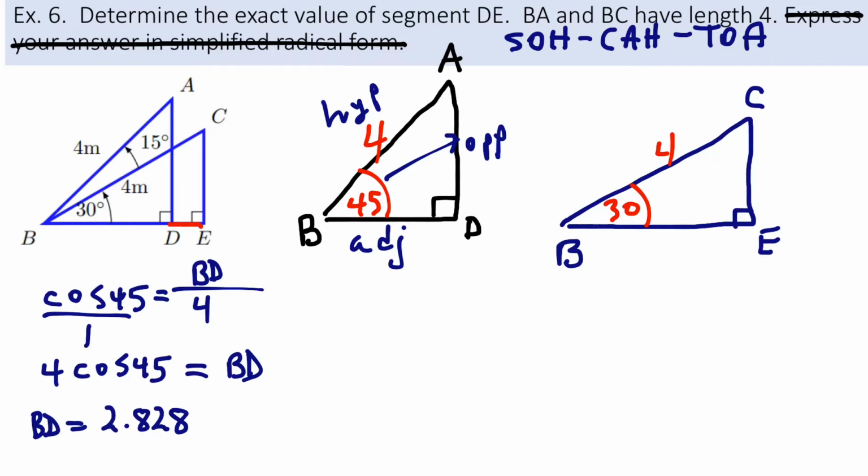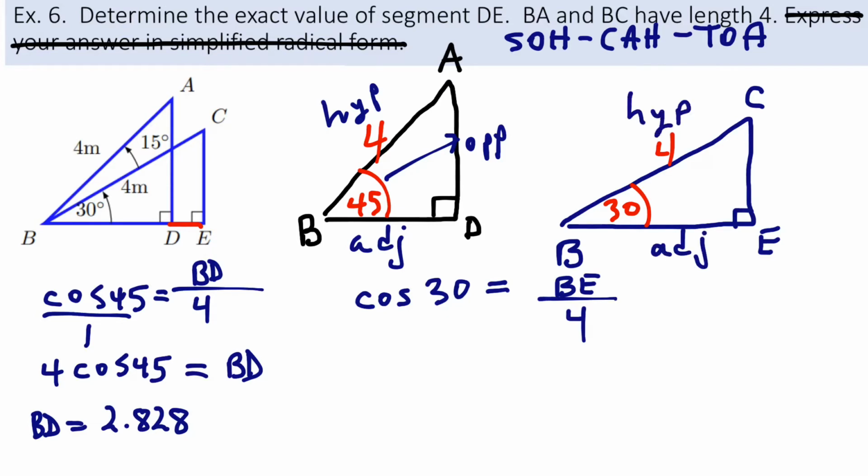So if I look at my triangle here, I've got the same given information. I've got this angle similar to how I was given this angle, and I've got my hypotenuse. So I can use my same equation with a different angle in it. So I can say the cosine of 30 degrees is equal to BE this time over the hypotenuse, which is 4. So that's adjacent over hypotenuse.